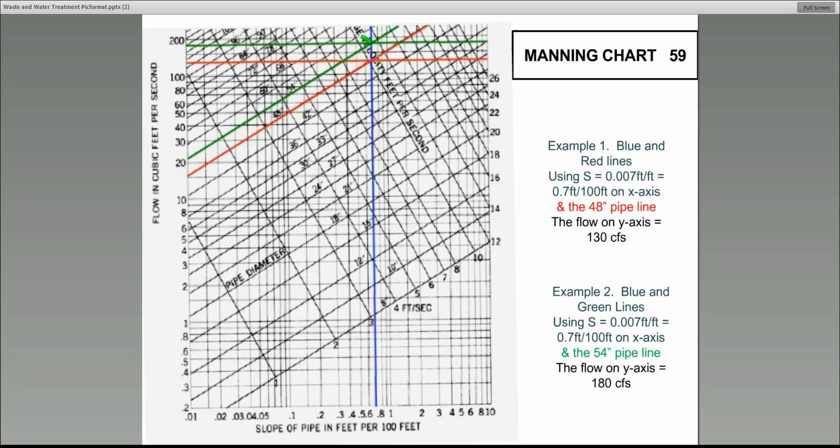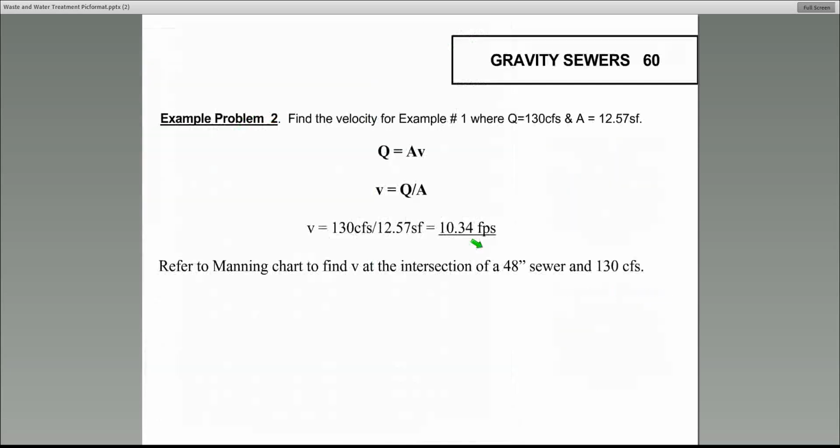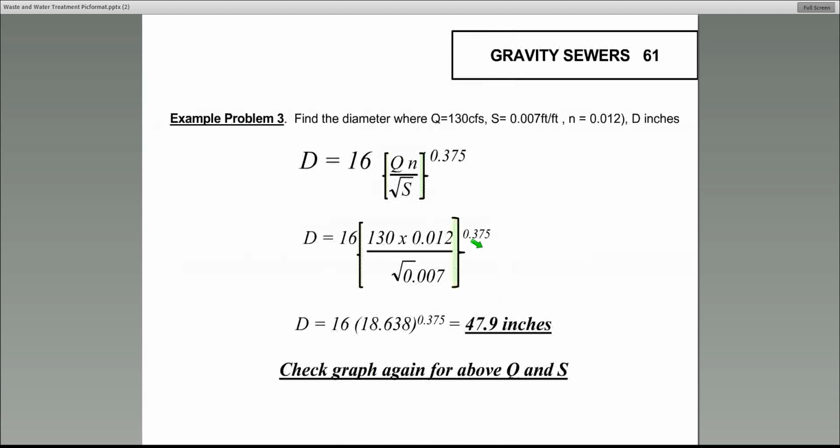And we want the velocity, and it hits the velocity right here. Here are your velocities coming down. So the velocity looks like it's about 11.34. So you can look at them graphically, and the graph will get you close enough to the answer in most cases.